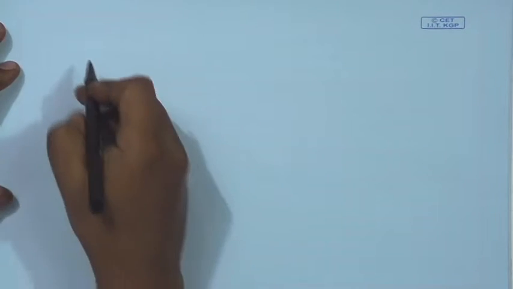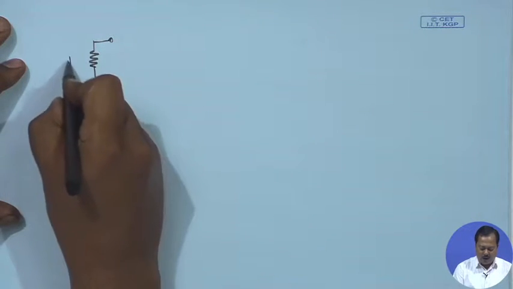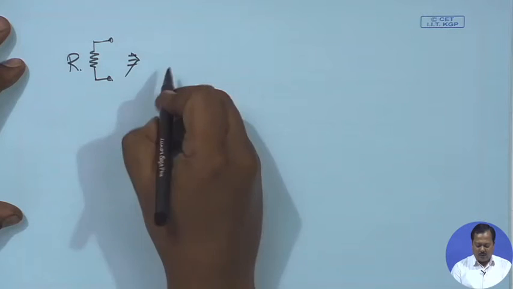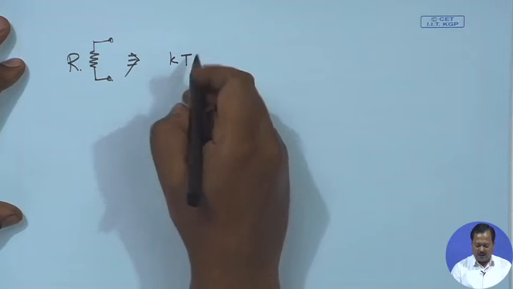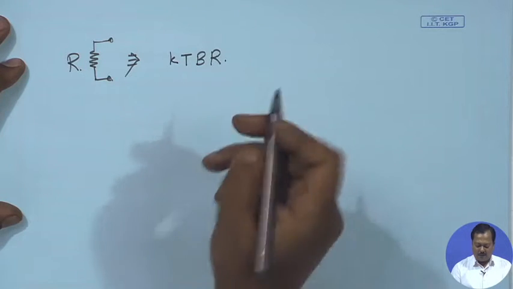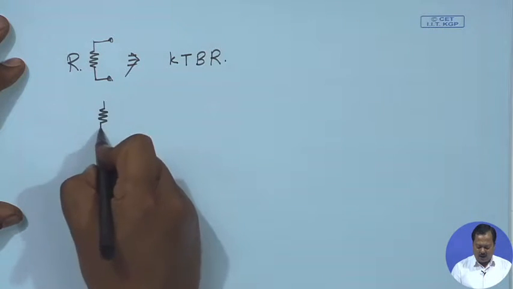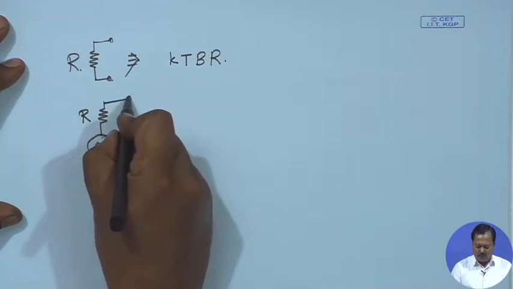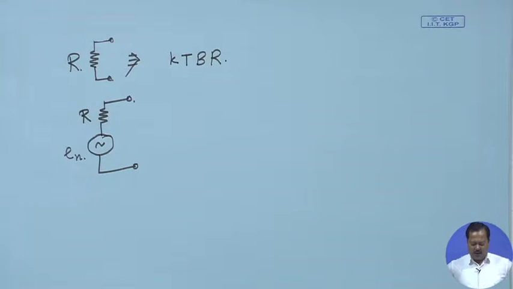So, in general then, let us represent one resistor R, then the noise power is given by kTB, where T is the temperature of the resistor. Then if we represent this noise by a noiseless ideal resistor in series with a noise source, let us say the voltage RMS value is E n.